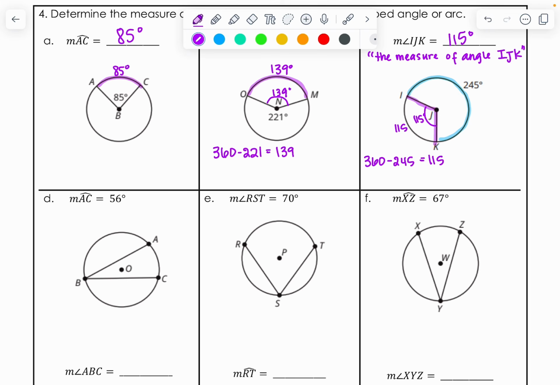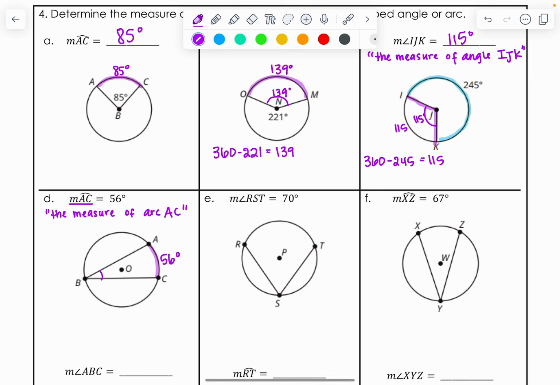What is the measure of arc AC? So the way we read this is the measure of arc AC. It's not asking us, it's telling us. The measure of arc AC is 56 degrees.